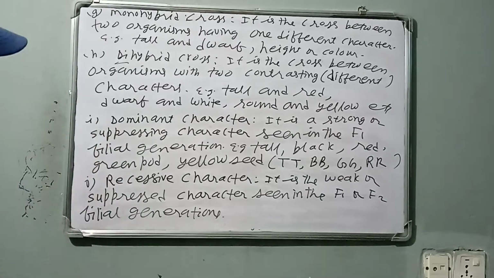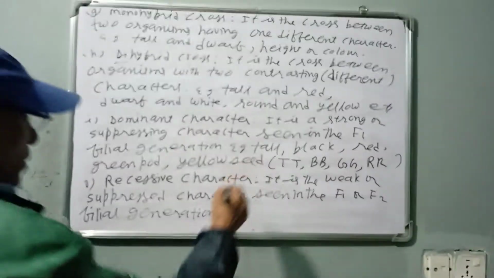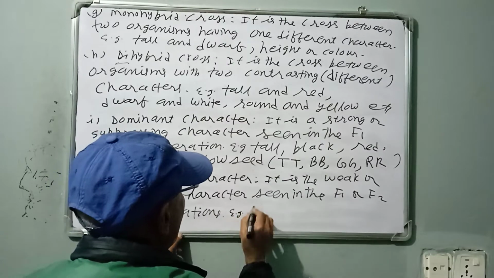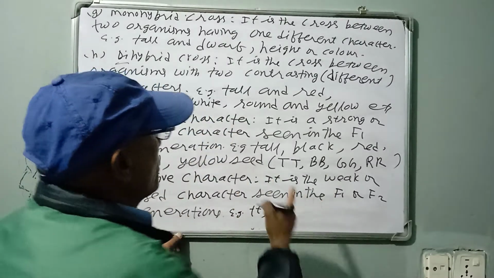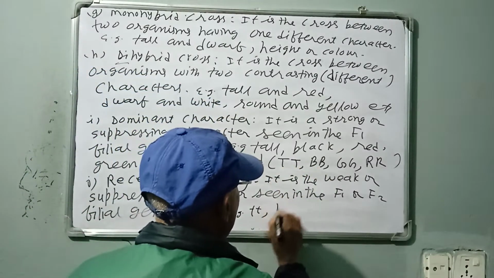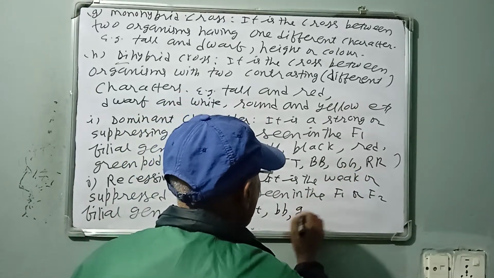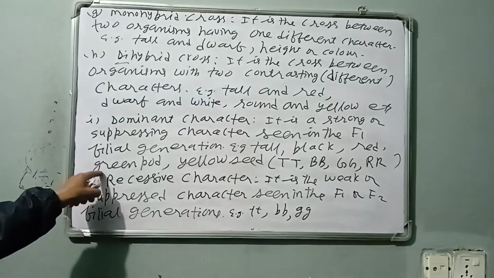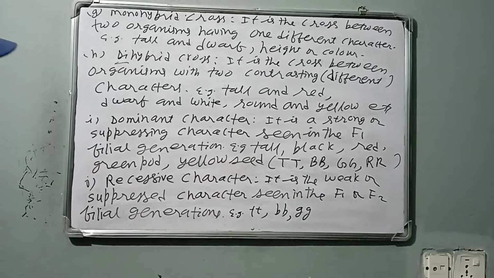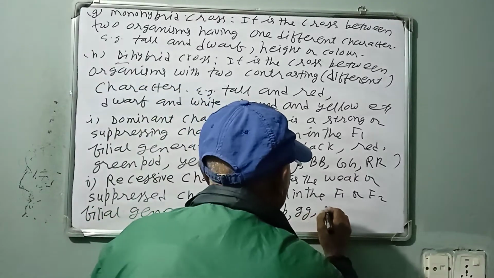So, for example, TT, dwarf, BB, white, GG. In this case, it is denoted by this one.